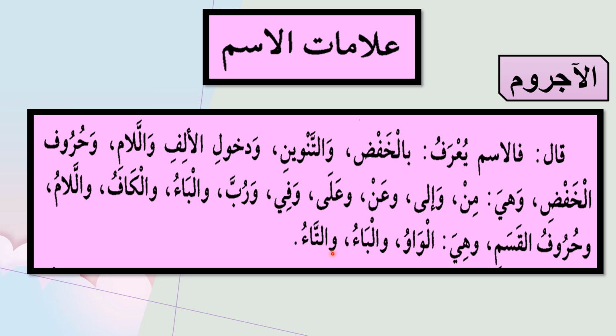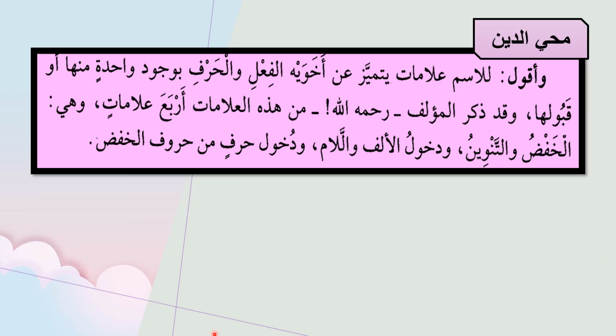So let's see what the author Mahi ad-Din says in his explanation. So Mahi ad-Din explains about the signs of nouns. He says, وأقول, now he is explaining, للاسم علامات يتميز عن أخويه الفعل والحرف. As you know, in Arabic grammar, the whole of the Arabic language is divided into three things, that is the ism, the fail, and the harf.